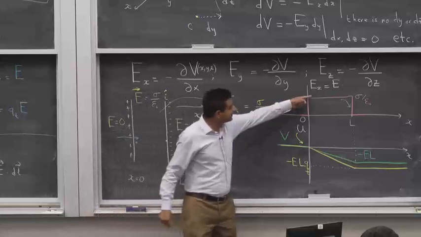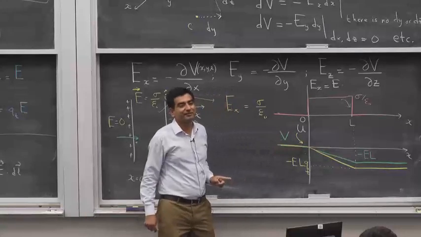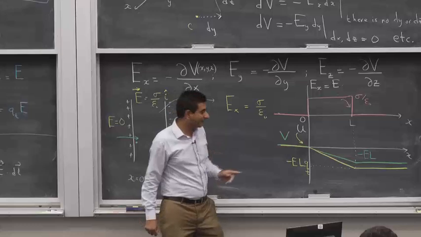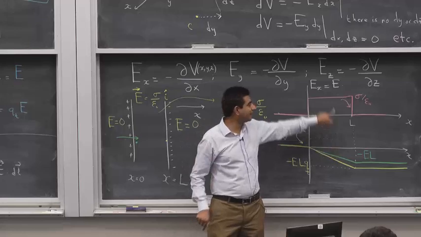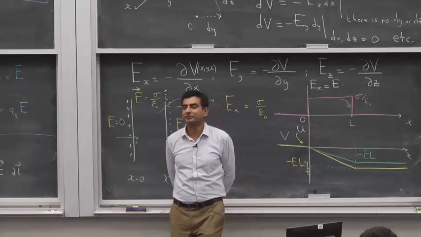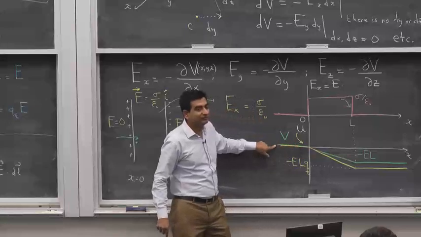Now if you compare this electric field with this change in potential, it all makes sense. If I take the derivative of this graph and put a negative sign with it, I'll get this graph. So here the slope is 0.